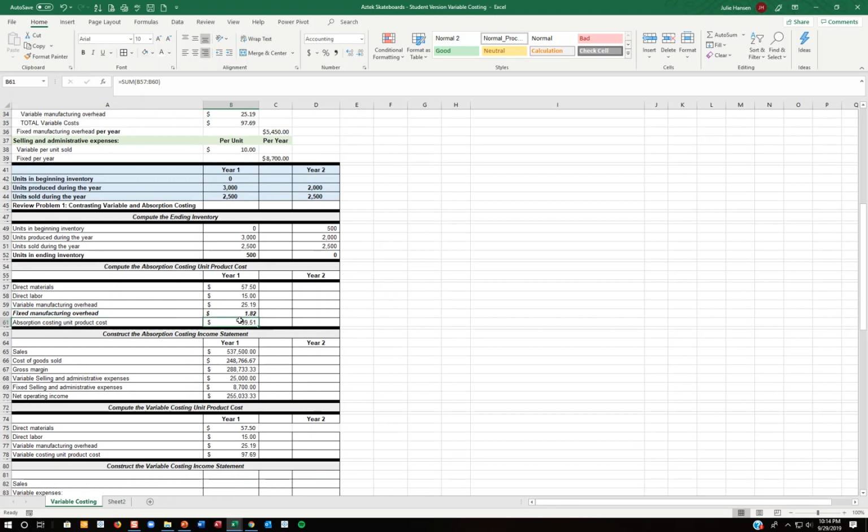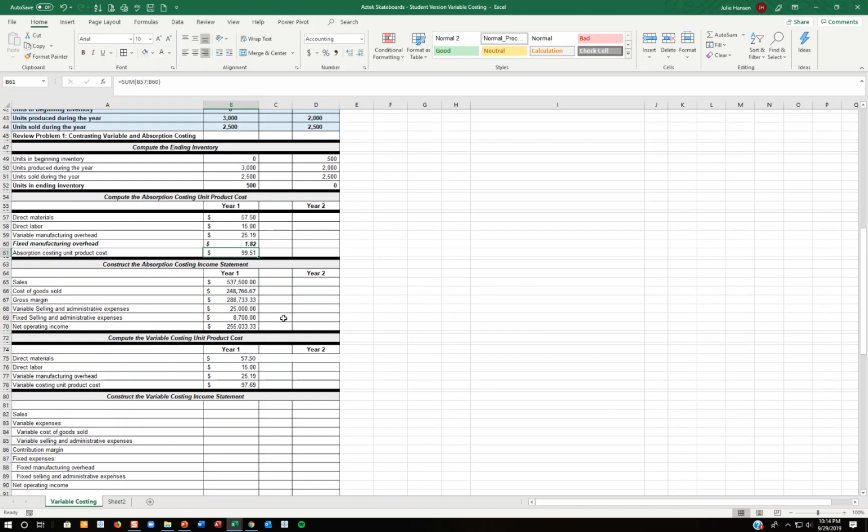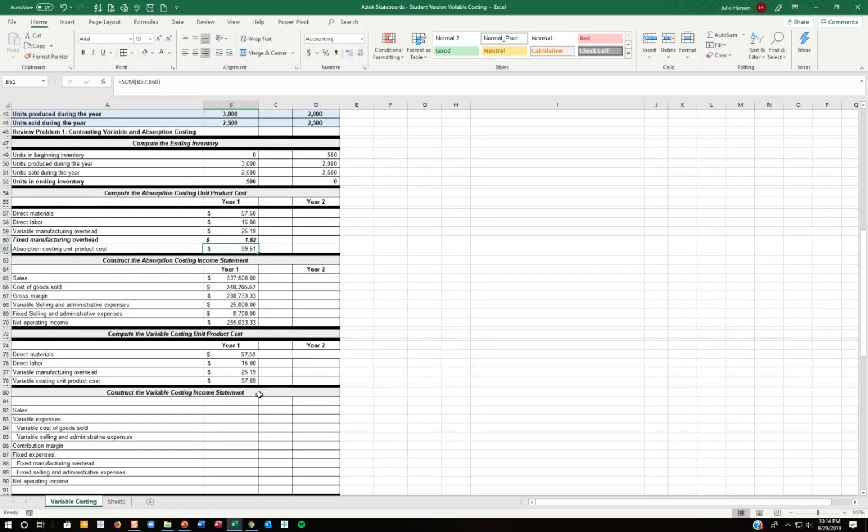And you can see that the fixed manufacturing overhead gets calculated on a per unit basis, and that is then included in the unit product cost. So that kind of turns everything we've learned so far on its ear. But let's keep going and see what happens.